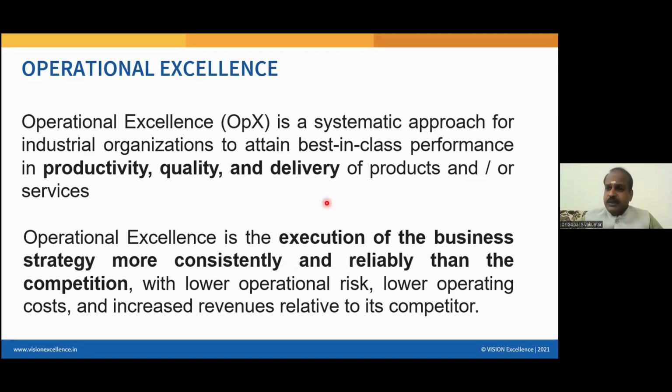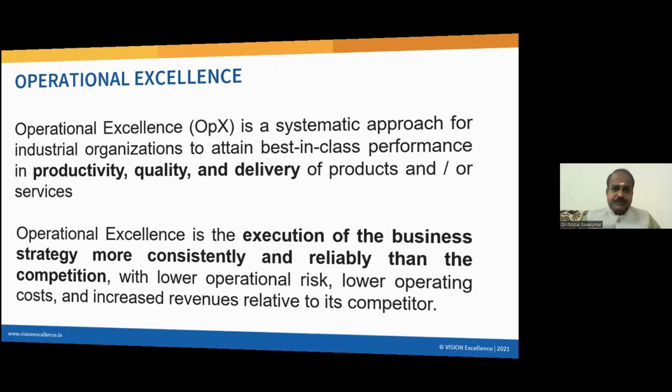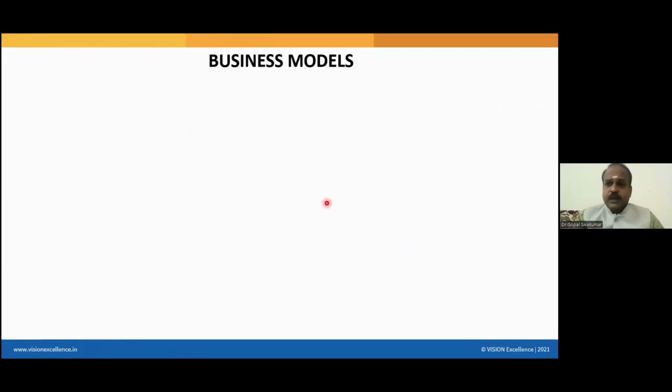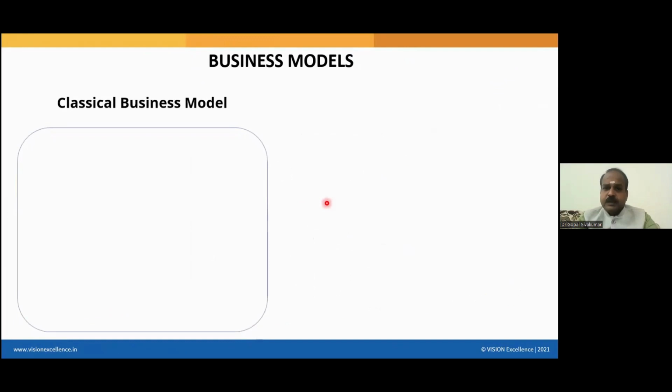So Lean Six Sigma is an approach to achieve operational excellence. Hope all of you understand what operational excellence is. And now in this slide, we are going to understand the difference between the classical business model and the operational excellence model, or you can also call it the Lean Six Sigma model.